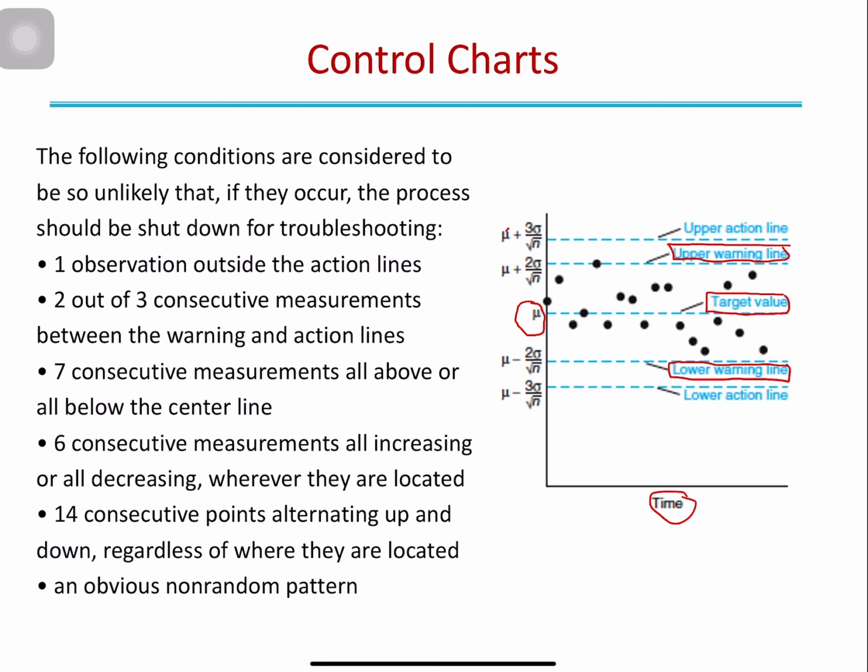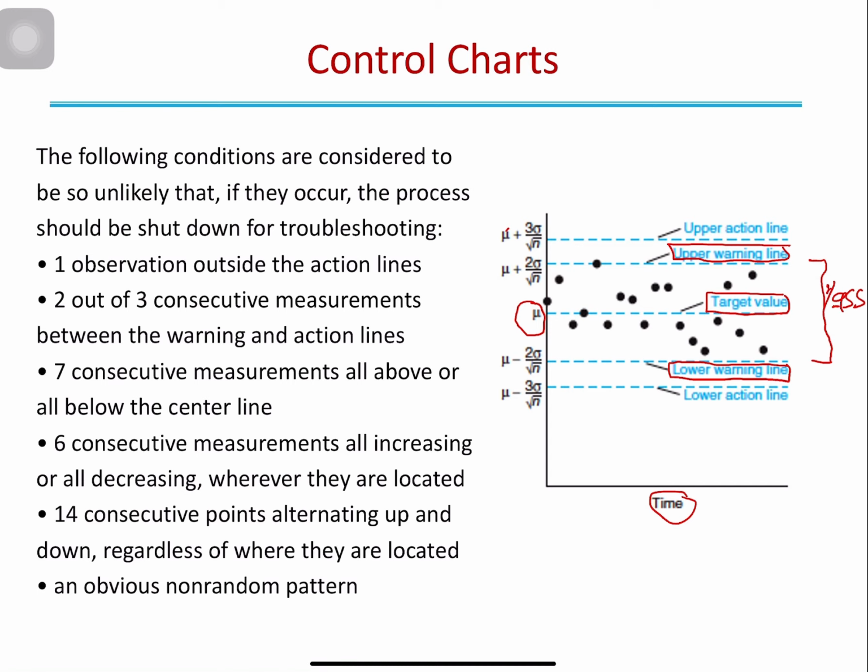The lower warning line is the same but minus 2 standard deviations over the square root of the number of measurements. It's very important to understand that for a Gaussian distribution, 95.5% of all observations should lie between these 2 warning lines.